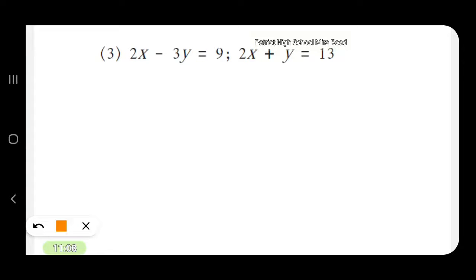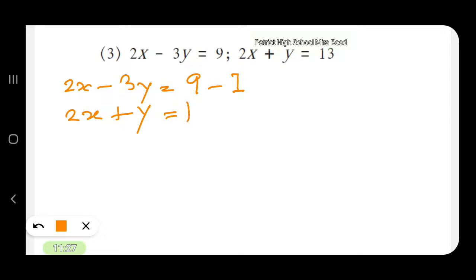Example 3. Let us write the equations one below the other. We have 2x - 3y = 9. This is equation number 1. And the second is 2x + y = 13. This is equation number 2.